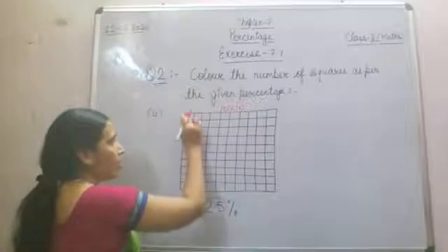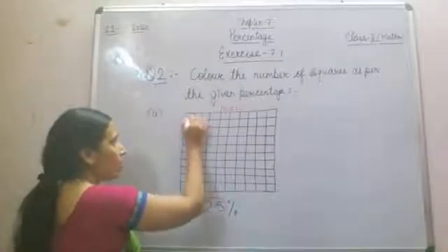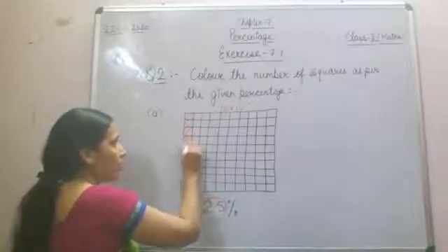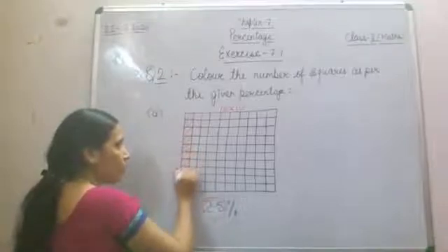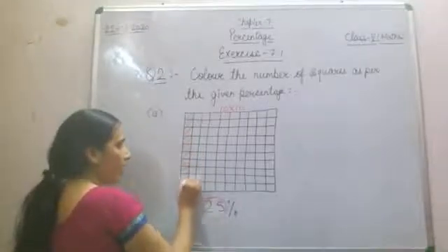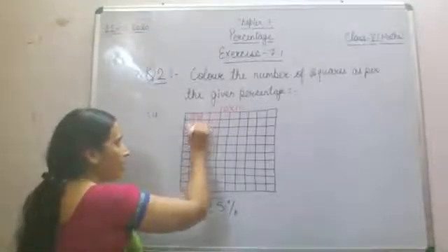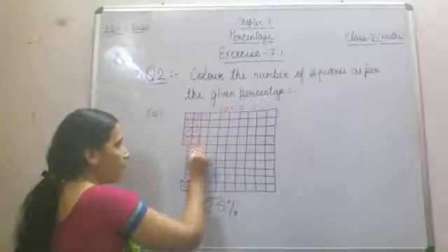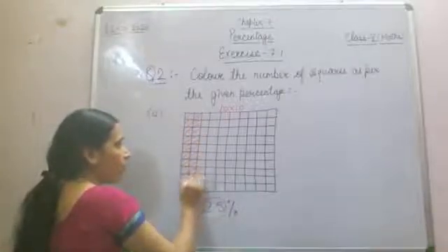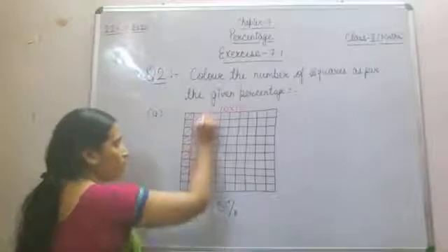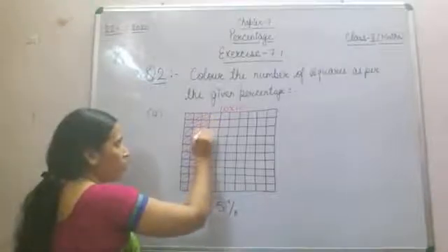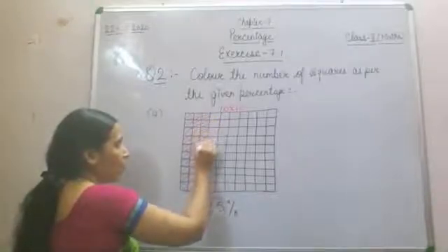So let's start: 1, 2, this whole column we are going to shade. 10, then 1 more 10, and after that 5 more we need to shade. So 1, 2, 3, 4 and 5.